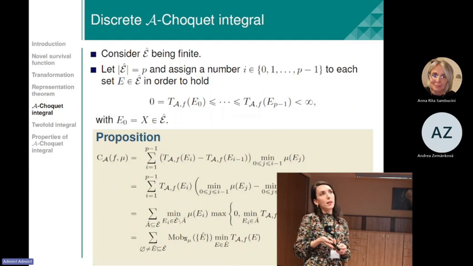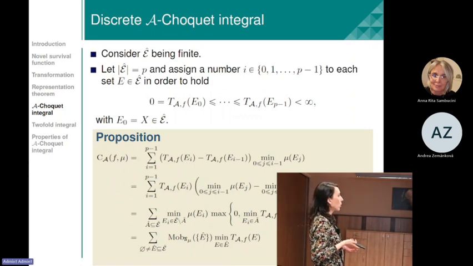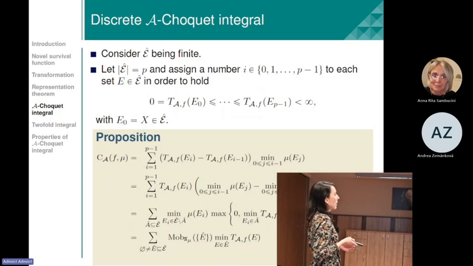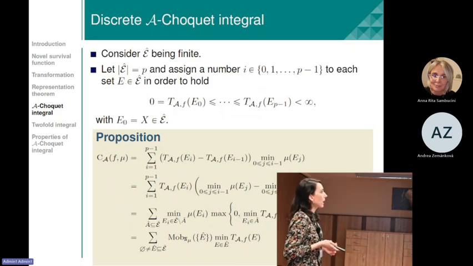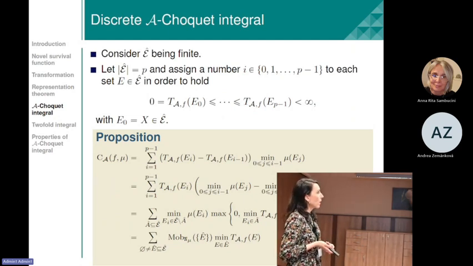So as we know this, if we take a finite collection of the power set of the basic set X, then we can easily derive some computational formulas for the generalized Choquet integral.